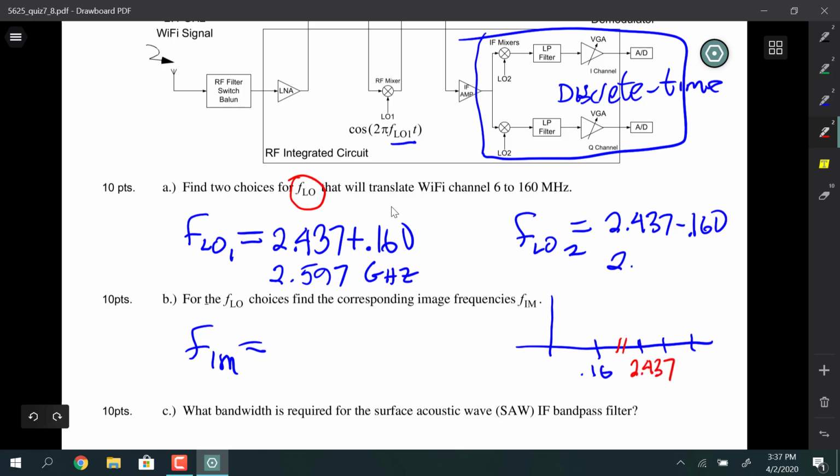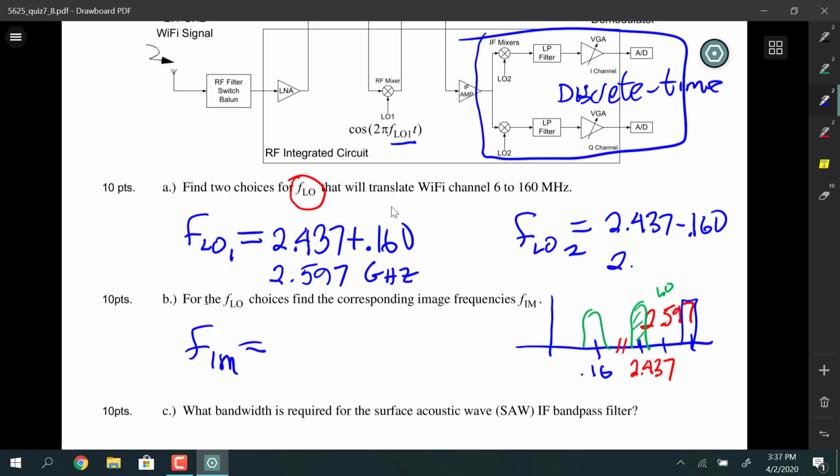So that's our carrier frequency, and we decided to put our local oscillator frequency at 2.597. Our signal of interest is right there, and that will convert it down to 0.16. And then if we go another IF frequency above the local oscillator, that will be our image frequency.